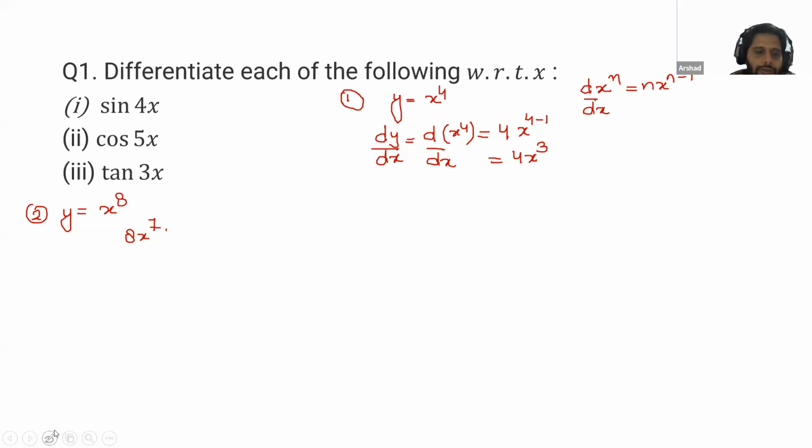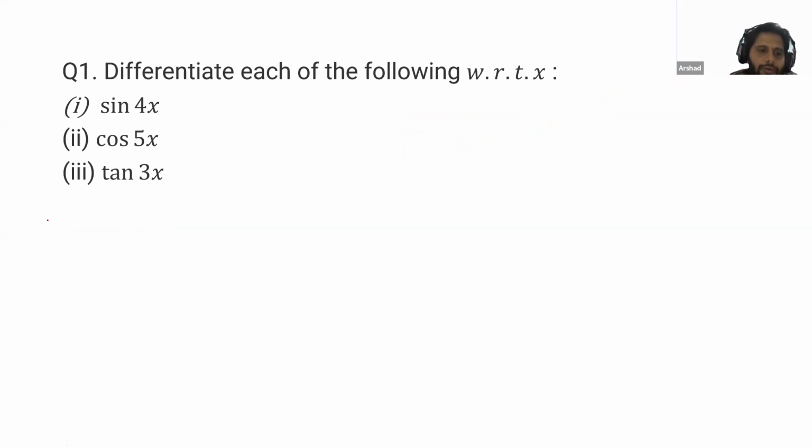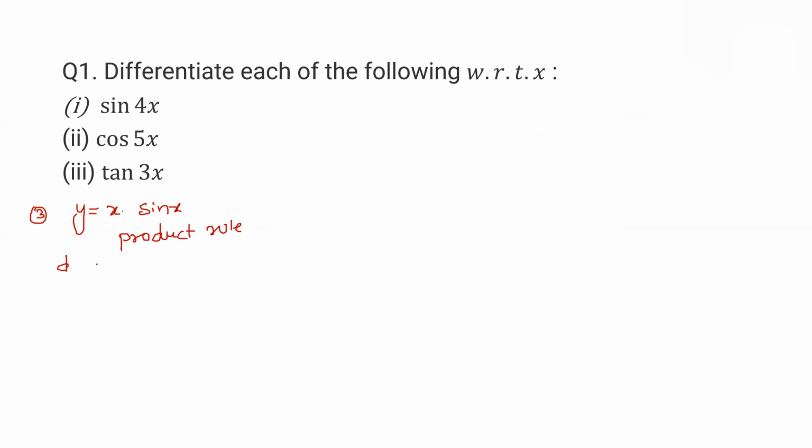Then last year you have done a product rule. So if you have a third question like this, y is equal to x into sine x, then we have two functions, x and sine x, and these two are getting multiplied. So we have a product rule here. Last year you have done this rule, the UV form.